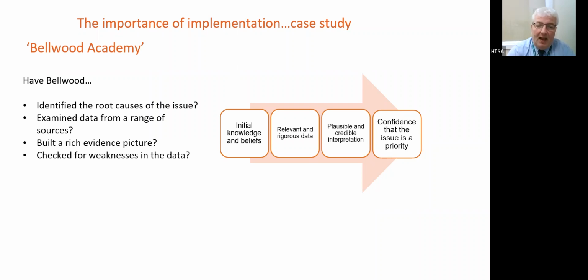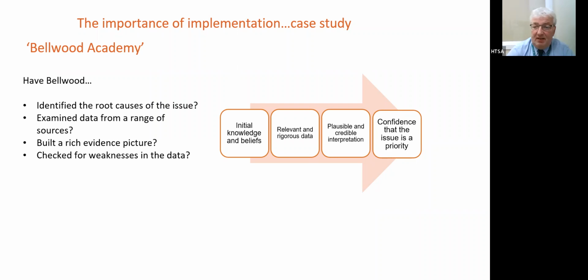And so it's about identifying the root cause. They thought the root cause was aspiration, and in the end, the root cause was probably more to do with literacy and low levels of literacy.